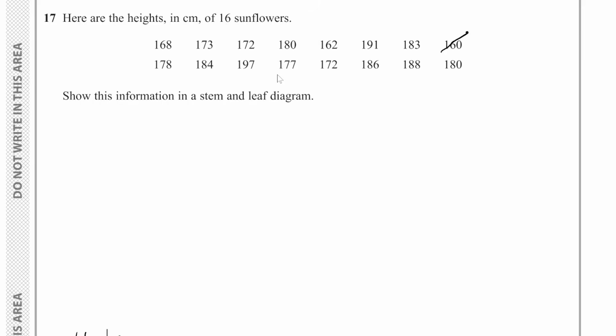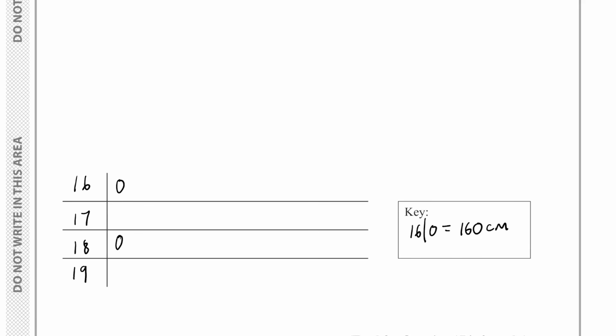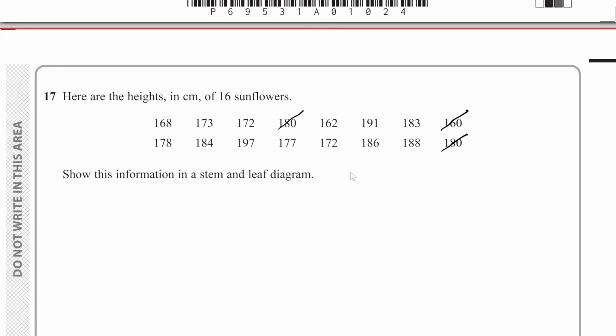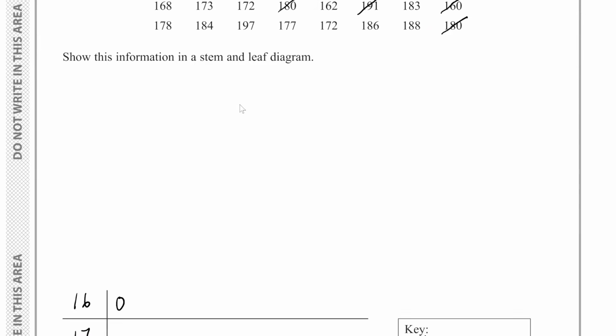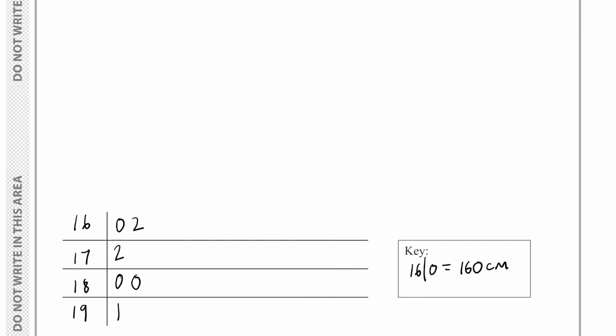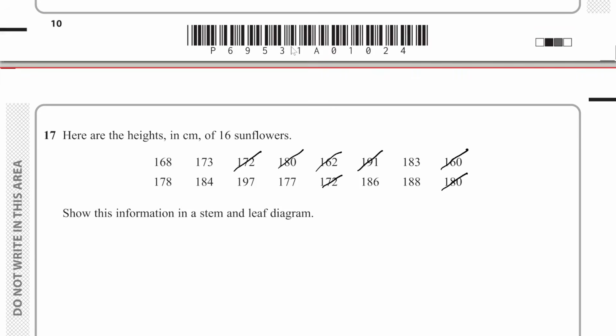So I'm going to start with all the zeros in the ones. So I've got two 180s, so that's 0, 0. I've got no ones. No, I do, 191. And then onto the twos. I've got 162. Two 172s. Threes, 173 and 183.